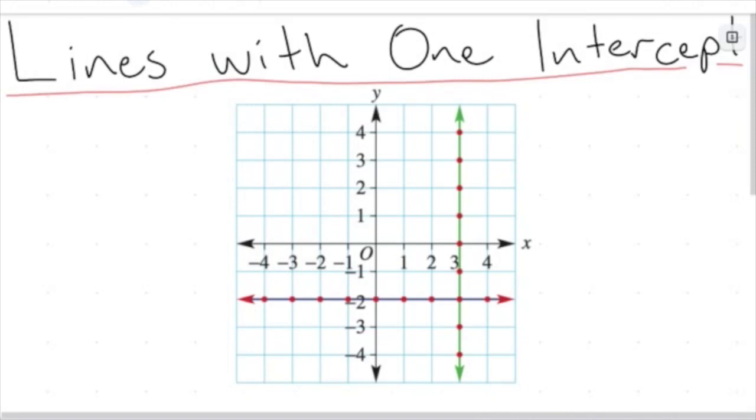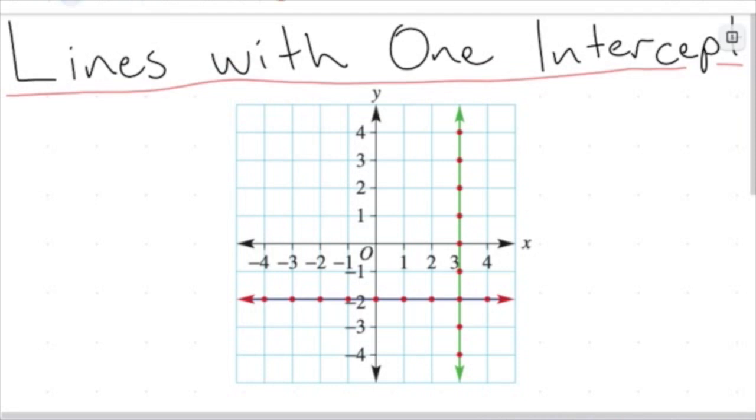Now today we are talking about lines with one intercept. This topic is also sometimes commonly referred to as horizontal and vertical lines because, from what you can see in this photo I've attached, we are dealing with perfectly horizontal or perfectly vertical lines.